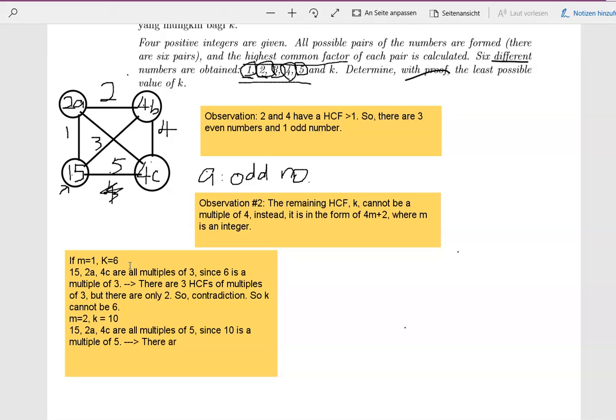So there are 3 HCFs of multiples of 5, but there are only 2. Hence, contradiction again.